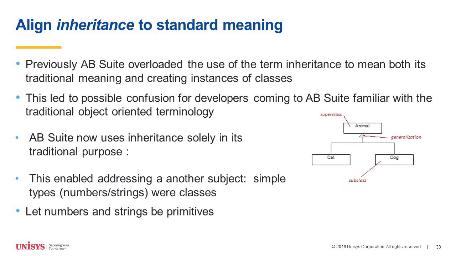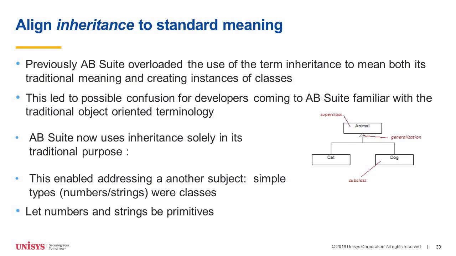So it would instantiate an instance of a class when you use the inheritance property. That could be a little confusing for developers coming to AB Suite knowing the traditional object-oriented terminology. This was a source of complaints and feedback from users.